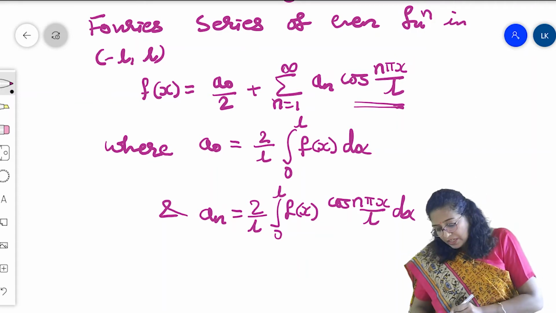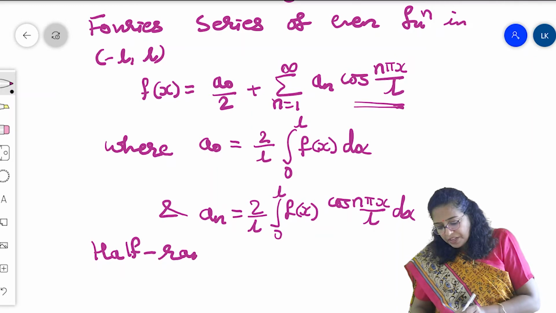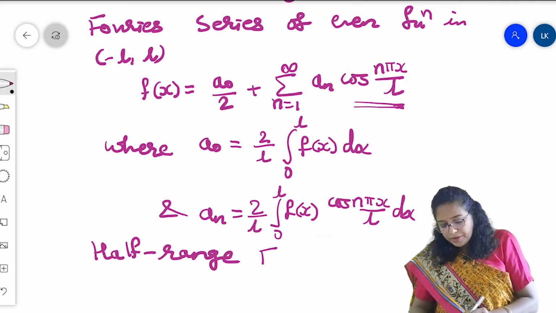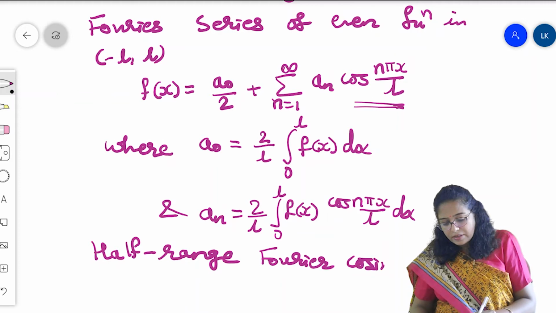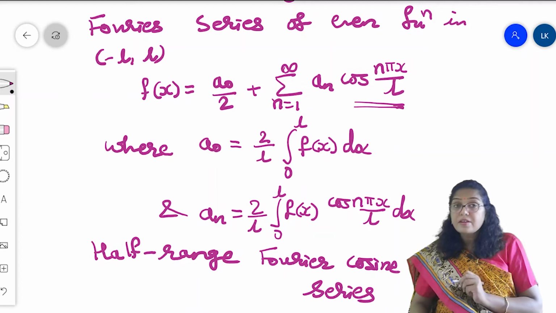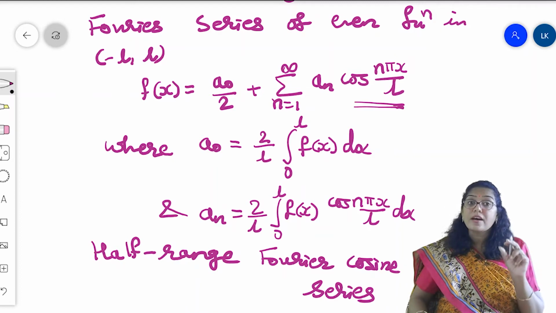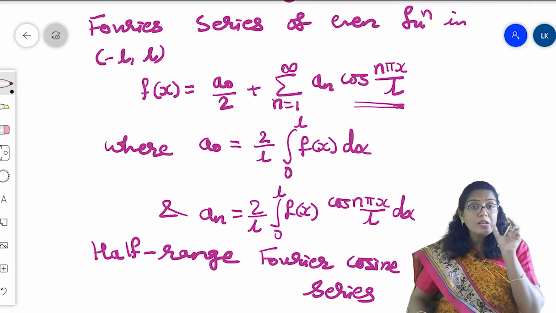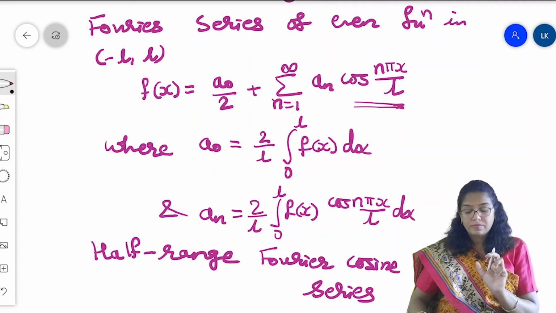It is also known as the half range Fourier cosine series, because here there are no sine terms, only cosine terms.